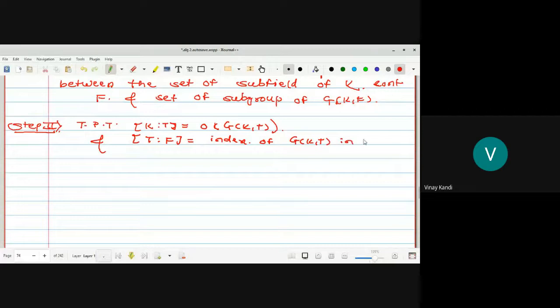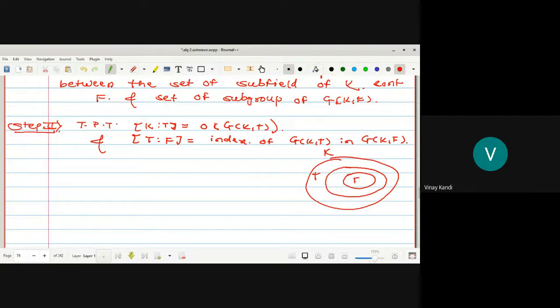Okay, let me draw the diagram. This is T. This one is F. Dimension of K over T is equal to the order of G(K,T), and dimension of T over F is the index of G(K,T) in G(K,F).